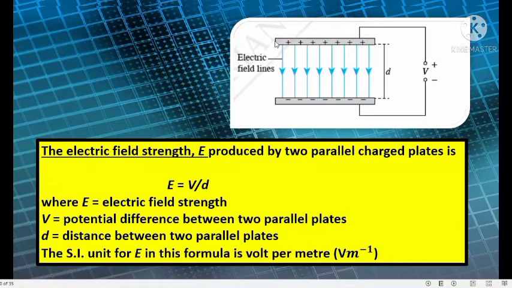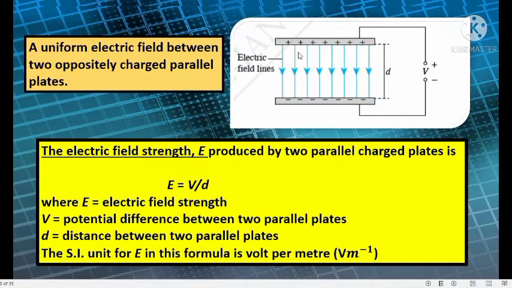Okay, let's look at the region between two parallel plates. We have observed earlier that electric field lines between the two parallel plates are uniform at the center part, but at the end part they are a bit curved, so that part becomes non-uniform. Now we just want to look at the uniform part of the electric field, a uniform electric field between two oppositely charged parallel plates.